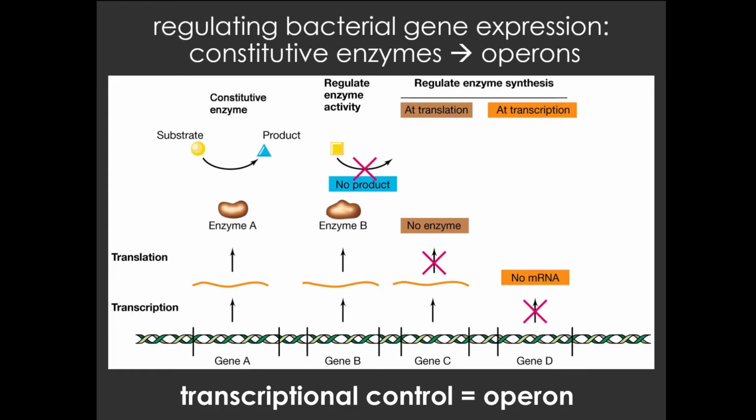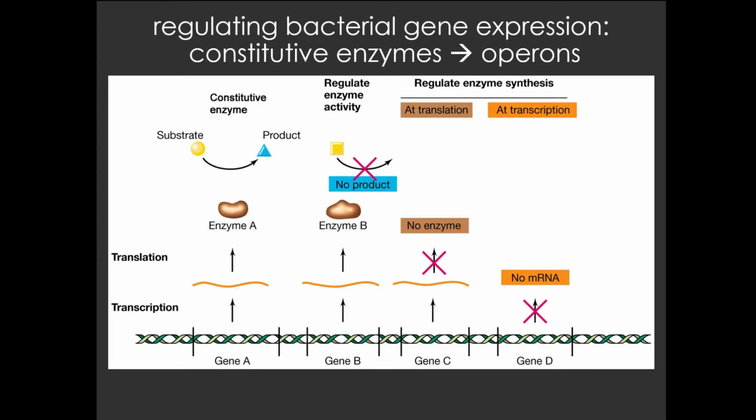So not even the transcription of that gene is allowed unless certain environmental criteria are met. And that's where we're going to be spending a lot of time talking for a good portion of this lecture. We're going to talk about how the transcriptional control of prokaryotic genes is accomplished using something called operons.